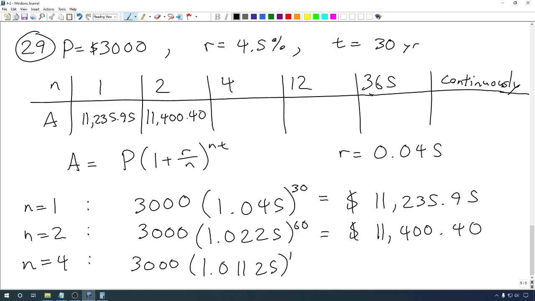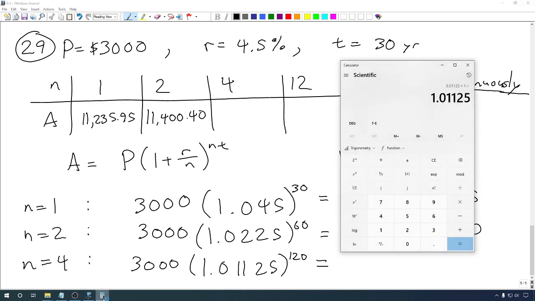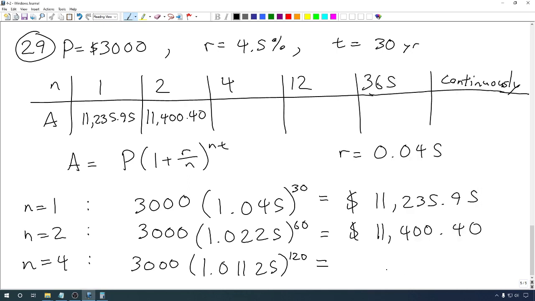I'm just going to multiply those together to get 120. That's the number of times that interest has actually been computed on this principal. So I take this amount, raise it to the power of 120, multiply that by 3,000, and we get 11,485.38.